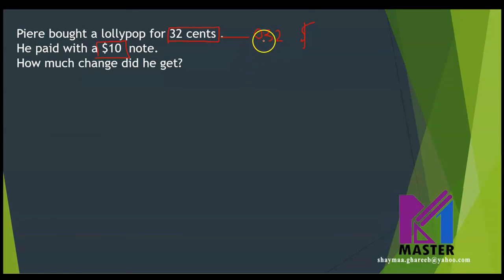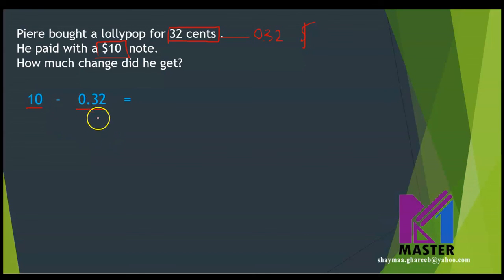Is this clear? So now I will start to think. 10 minus 0.32. Now I here have $10, and this amount of money is in dollars as well. So now I can do the subtraction because both have the same unit.